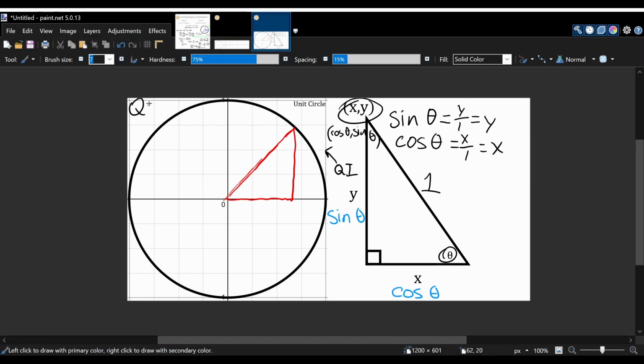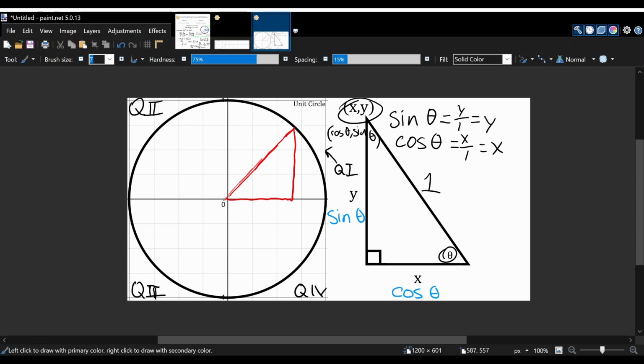This here is quadrant 2, and quadrant 3, and quadrant 4. So when we're working with the unit circle and the quadrants and angles, we're going to be moving counterclockwise in the circle as the angle measure increases.